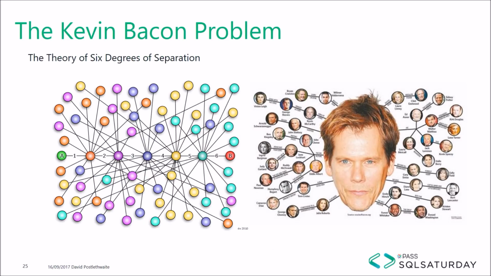So that leads to the most important question of all: what is the Kevin Bacon problem? The six degrees of Kevin Bacon is based on the six degrees of separation concept, which hypothesizes that any two people on Earth are six or fewer acquaintance links apart.